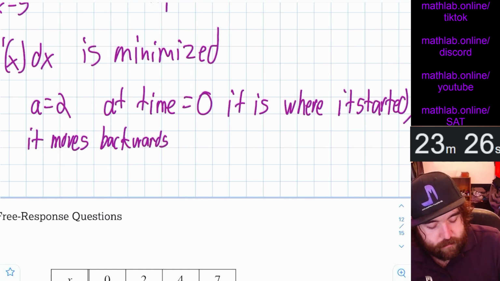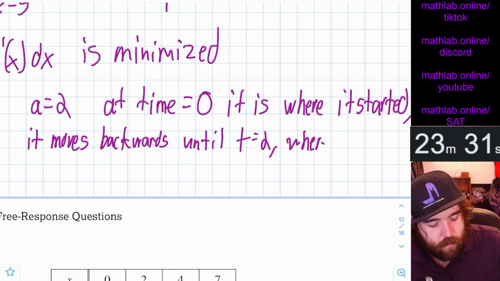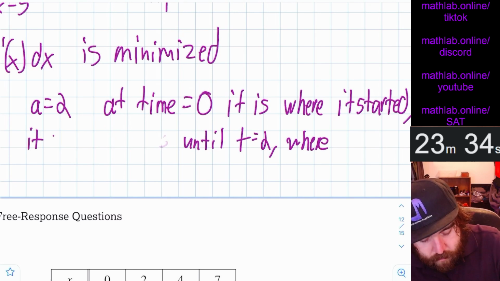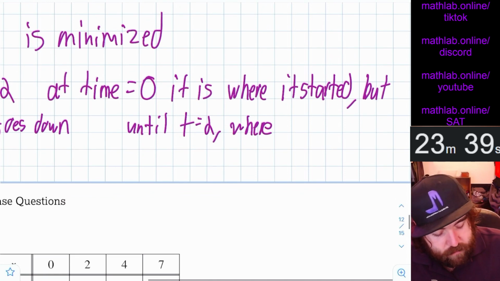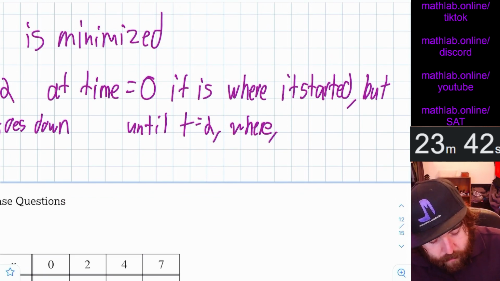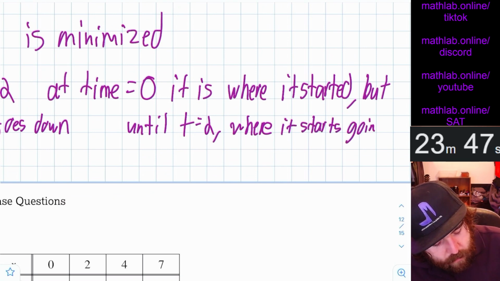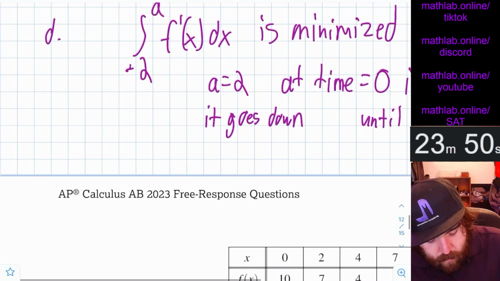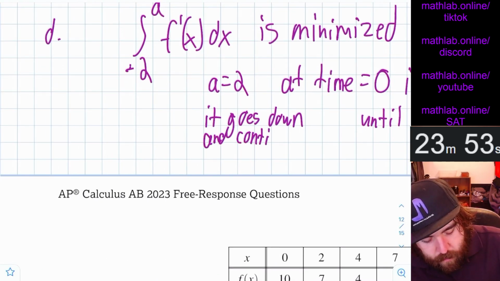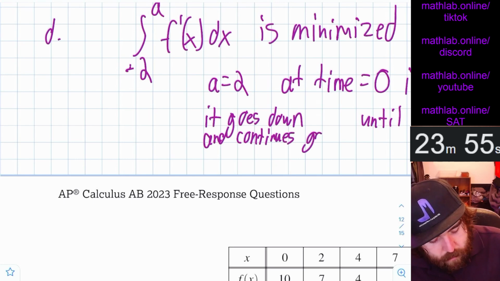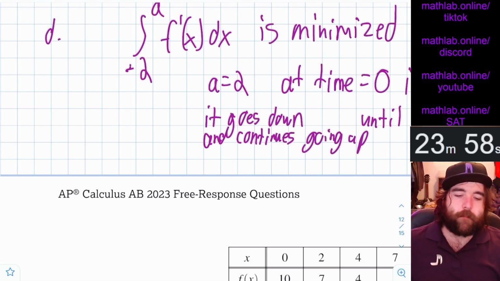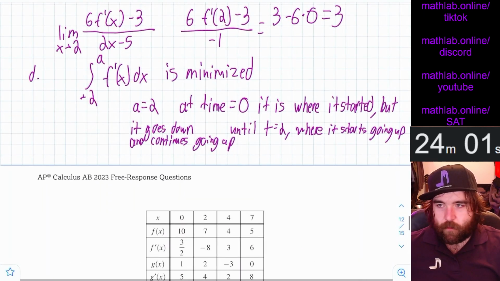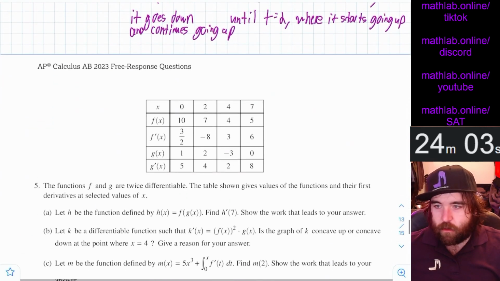It moves backwards until t equals 2, where I'll say it goes down, where it starts going up and continues going up. Yeah, that's it for sure. Okay, that's all we need for that.